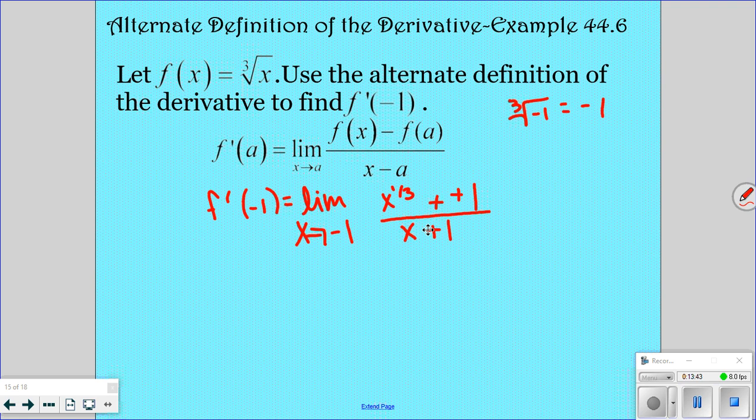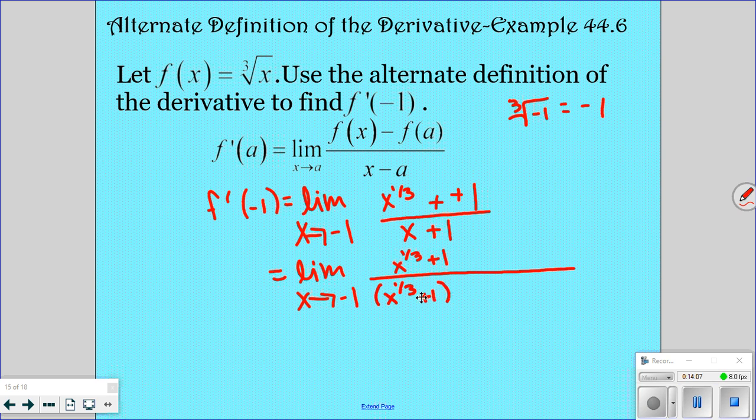So looking at this, you may not think it can factor, but it can. Some of y'all are going, how in the world is that going to factor? It's going to be factoring using our cube root of x. We're going to use the sum of cubes. So the cube root of x is x to the 1/3, and the cube root of 1 is 1.